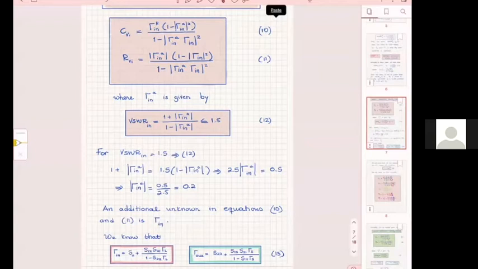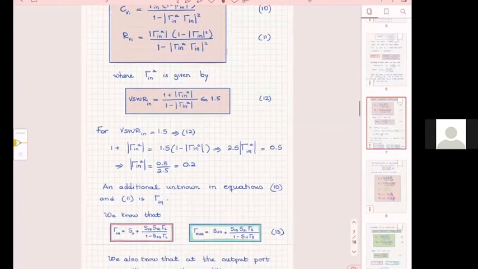Now, gamma in in the optimal case of maximum available gain would have been gamma S complex conjugate, but it's not that anymore, because our gamma S has been selected also for noise and for stability. So gamma S and gamma in are not simply related as for maximum available gain.